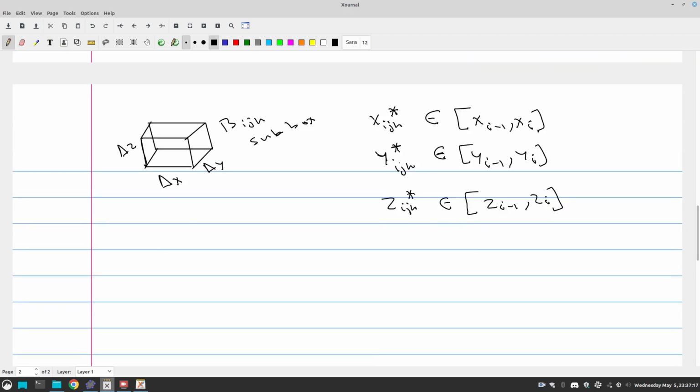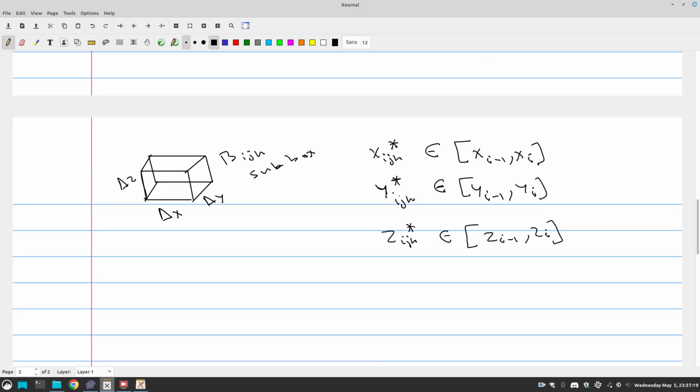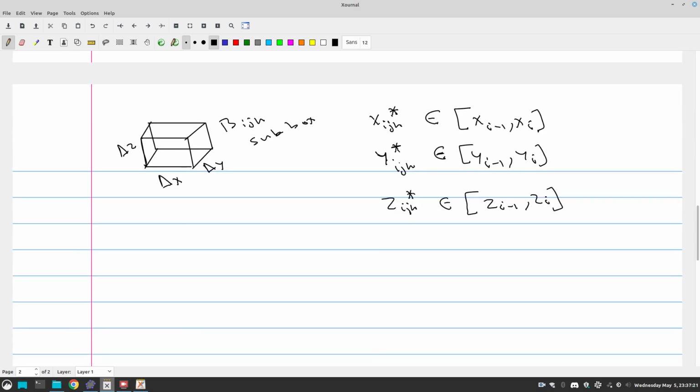Let's form the following triple Riemann sum over all the sub-boxes. When you did double integrals, remember you had a double Riemann sum.